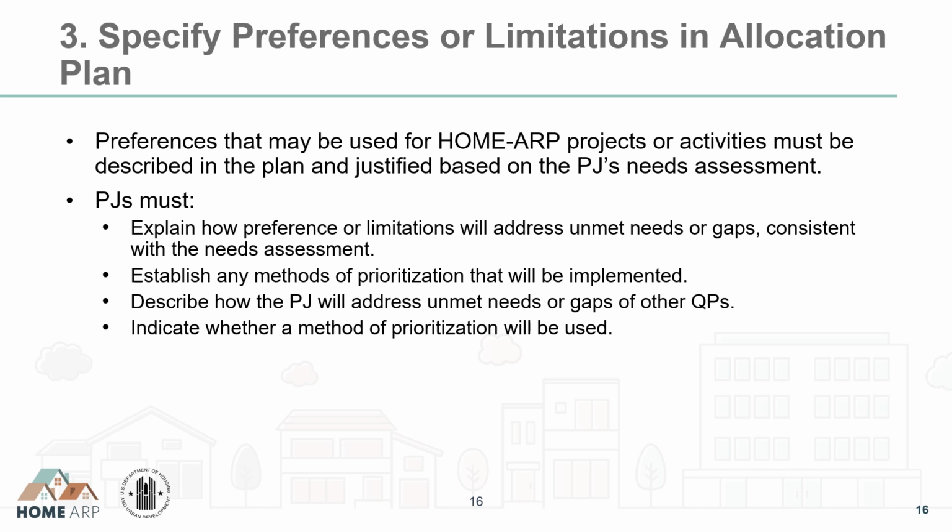If a PJ does not identify and justify preferences or limitations in the allocation plan, or doesn't state the method of priority for preferences, it is prohibited from implementing preferences, limitations, or methods of prioritization. The PJ's plan must be published for public comment, and following the public comment period, the PJ must submit the plan to HUD for approval.